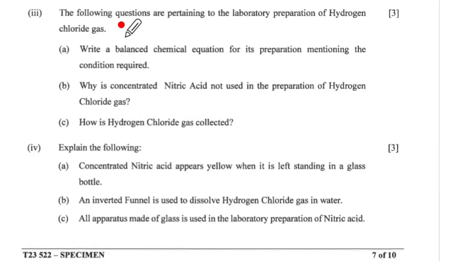We come to the third and the fourth subpart now. Following questions are pertaining to the laboratory preparation of hydrogen chloride gas. Write the balanced chemical equation for the preparation, mentioning the conditions.